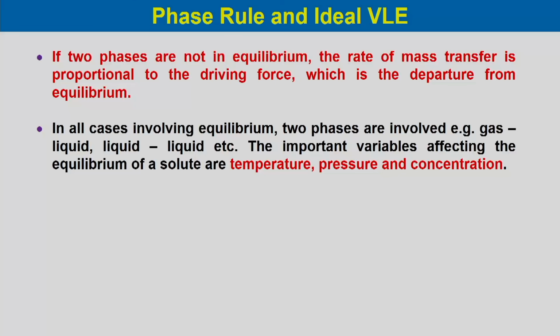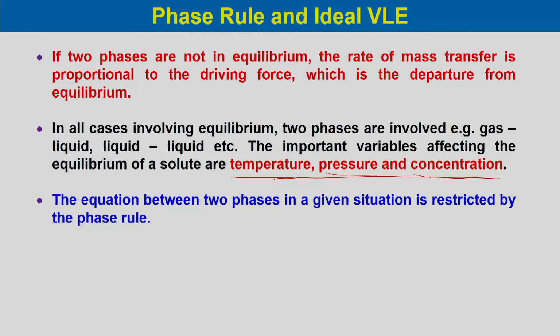The important variables which affect the equilibrium of a solute are temperature, pressure and concentration. For all cases where there would be equilibrium between the phases, the composition of a particular solute depends on these three parameters, that is temperature, pressure and concentration.